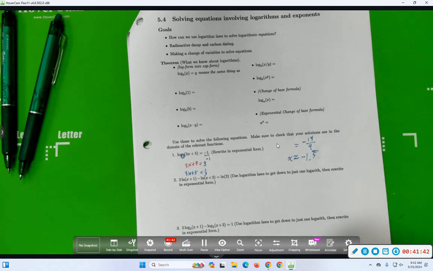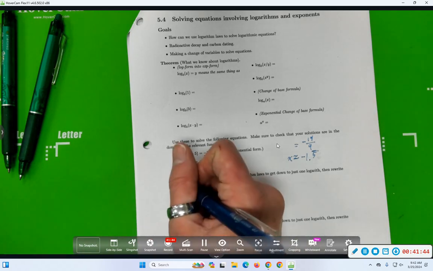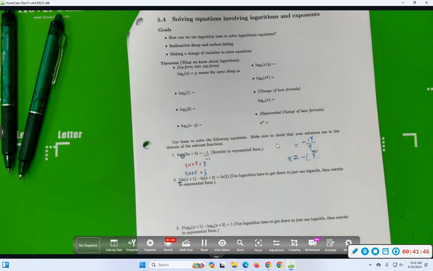I think so. Let's just look at what we see outside of the log. I see a 2 there in front of that ln of x plus 1. What can I do with that 2 to make it go inside of the log? I see a number times a log. That number can go in the exponent.